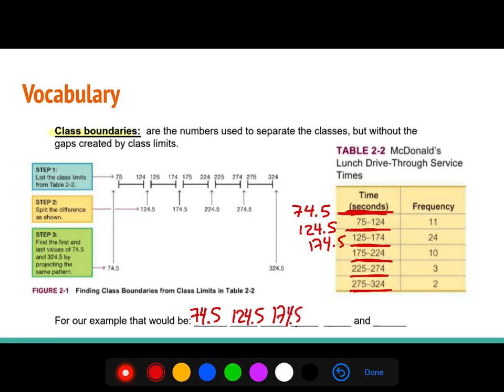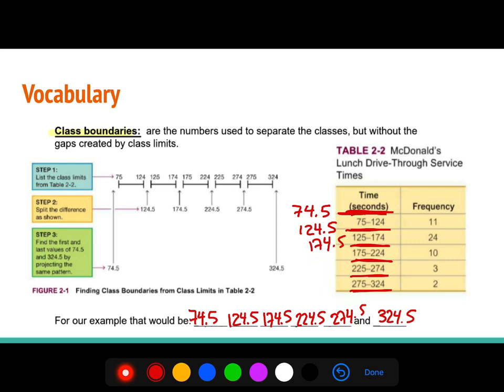So we have 74.5, 124.5, 174.5, 224.5, 274.5, and our last one, 324.5.